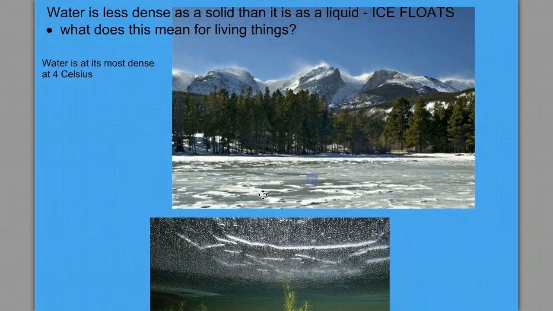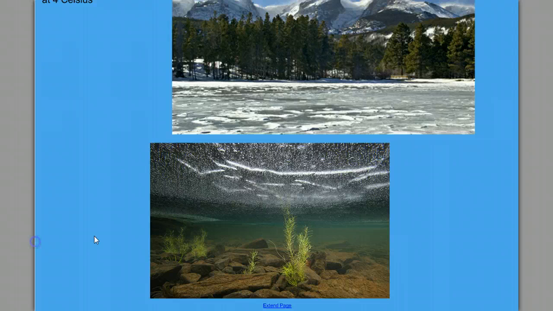Here's a lake covered by ice, and if we go underneath the water, we can see what it means is that this area below here, where we have lots of living things, is actually protected. The air up here can get much, much lower than 0 degrees Celsius, but underneath the water it can't.